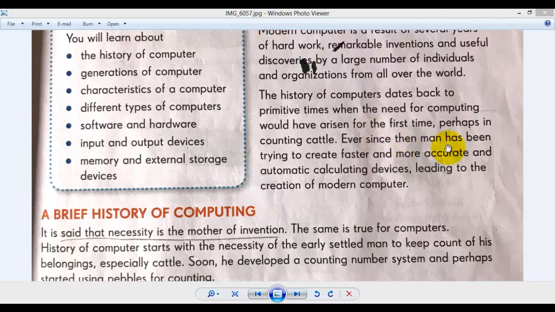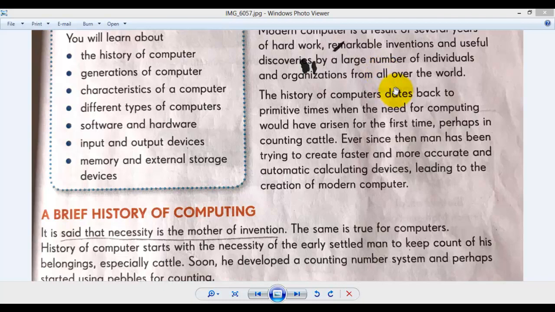Ever since then, man has been trying to create a faster and more accurate version than the one from ancient days, where, let's say, for counting kettles they used pebbles and stones. When we use sticks and all, they used to move away and the number changes, so it's not accurate.